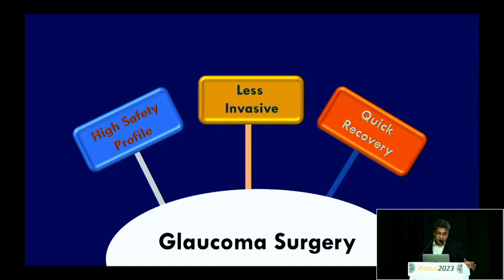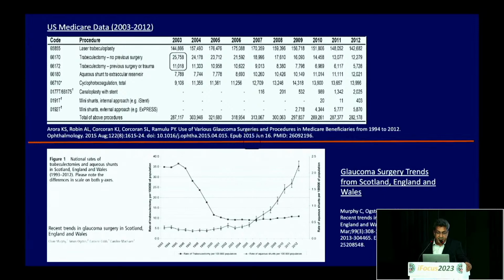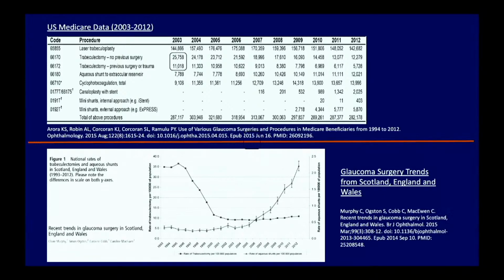Cataract has seen so many advances, and soon we are seeing that in glaucoma also. This is interesting Medicare data published way back in 2012, and you can think it would have changed since. It was done by my good friend Pradeep Ramulu at Johns Hopkins, where you can see trabeculectomy significantly reducing.